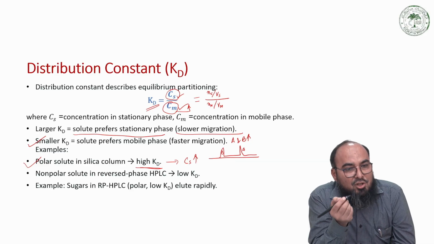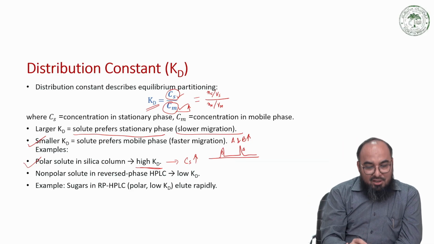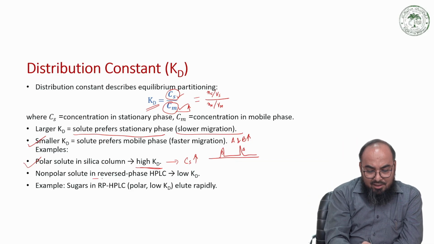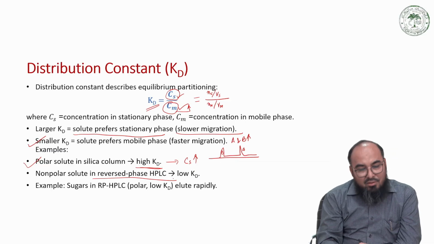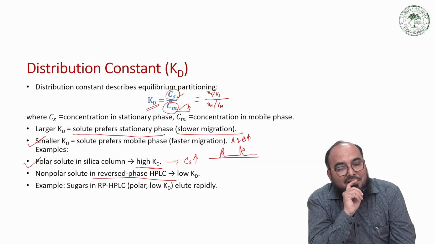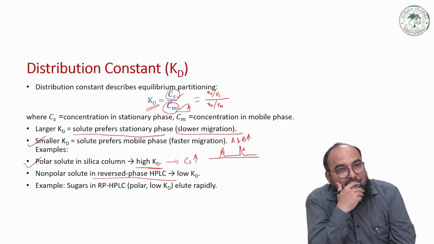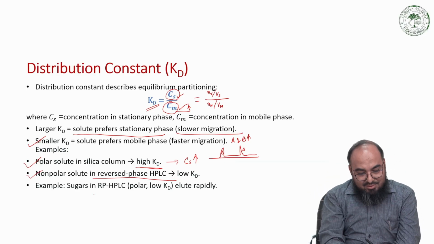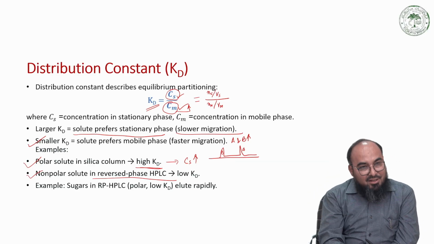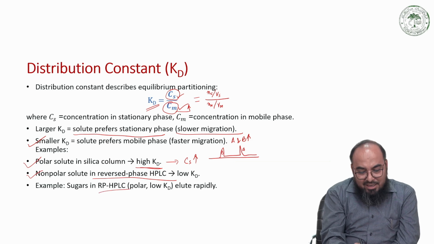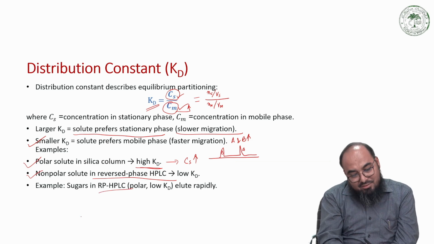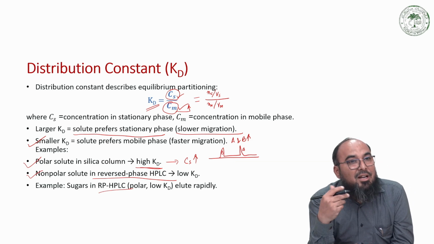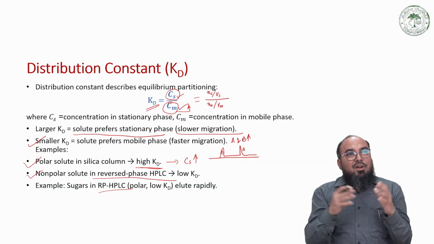The opposite is also true, that the non-polar solute in reverse phase HPLC gives low KD value. The analogy is the same. And a very beautiful example is the sugars. Sugars are polar, and in reverse phase HPLC, they give low KD values because they elute very rapidly. They go out of the column very rapidly.